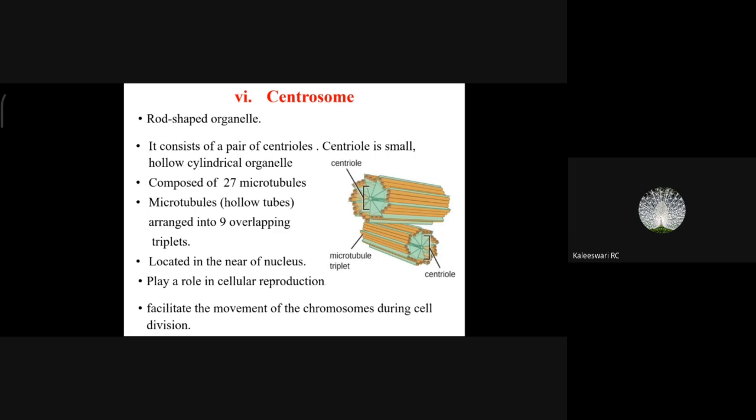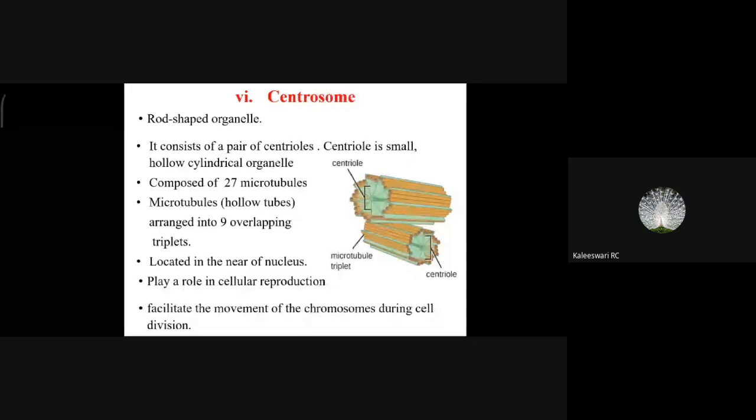As we have a skeleton, we all know we have bones, and these bones are united by the skeletal system of our body. It is like that only. Our cell has centrosomes.